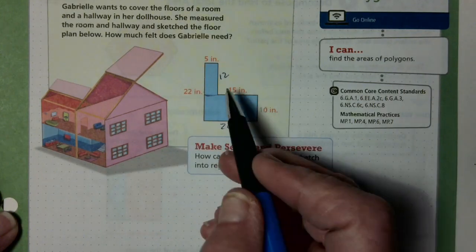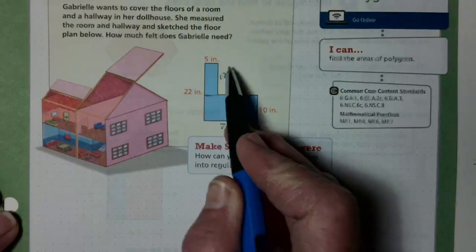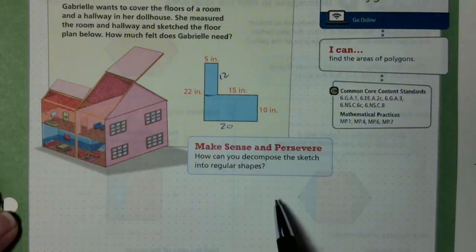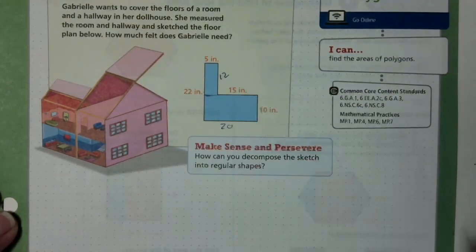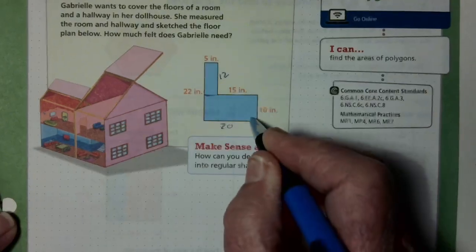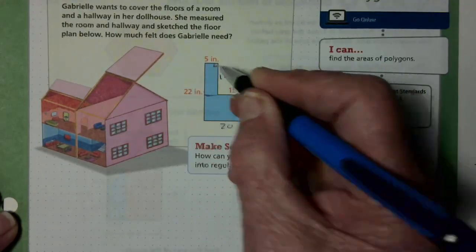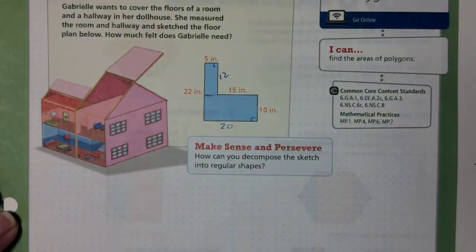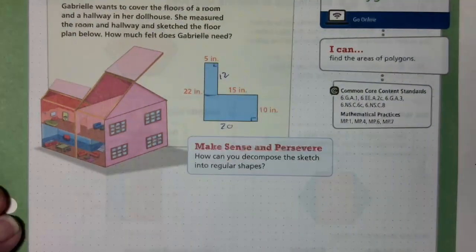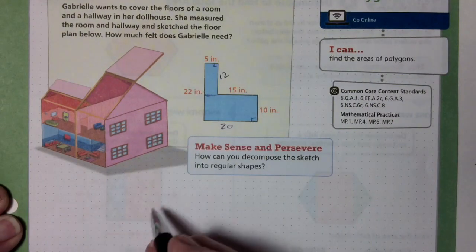Now then, I have a base and a height of this one. Remember, bases and heights have to be at 90 degrees to each other. Okay, so now then, we're going to find the area of that blue thing that she sketched out.